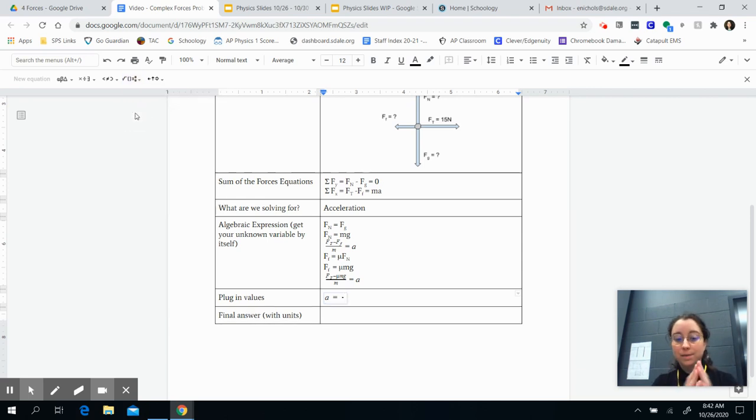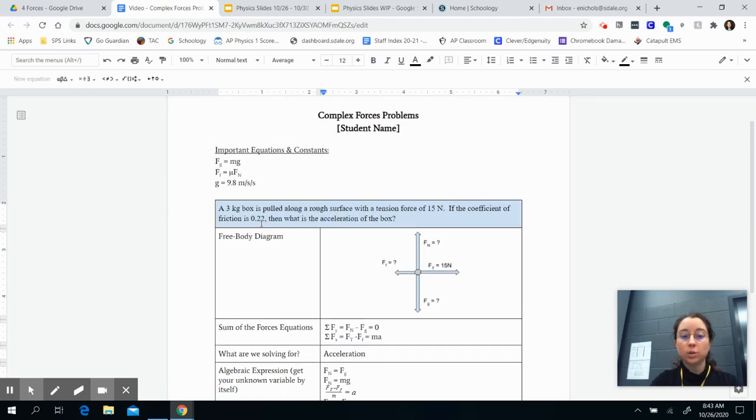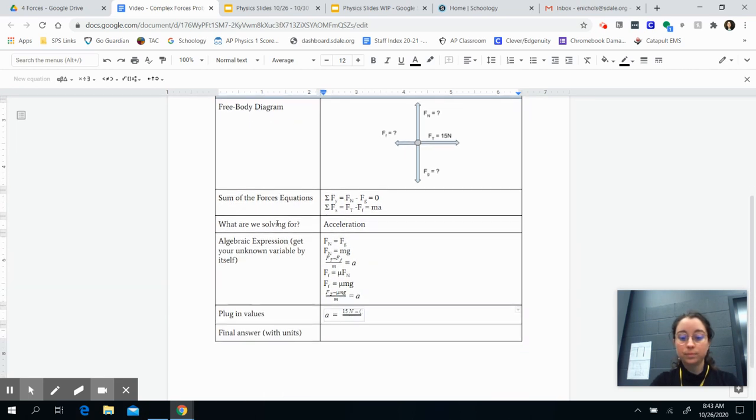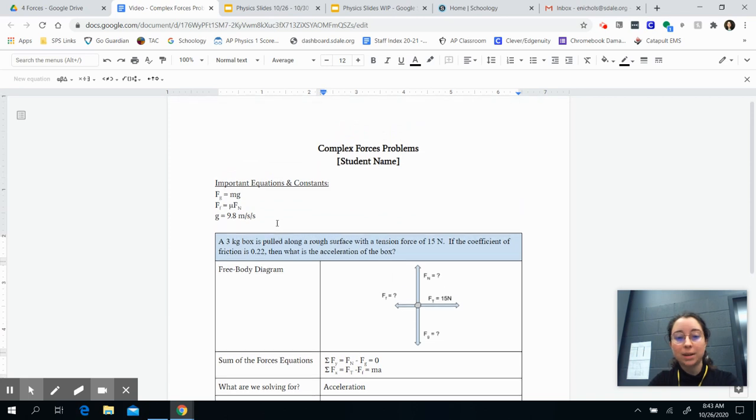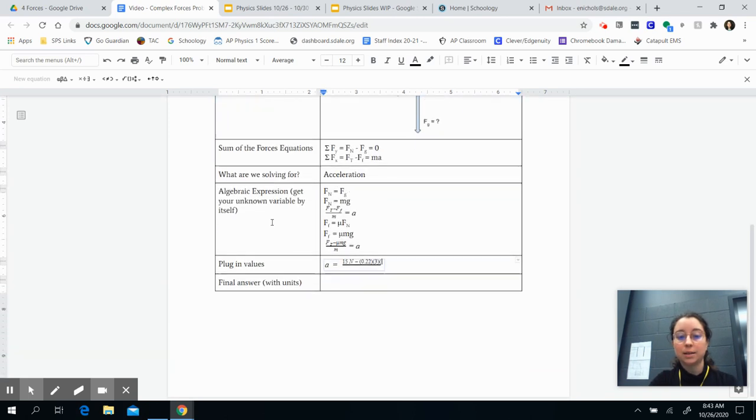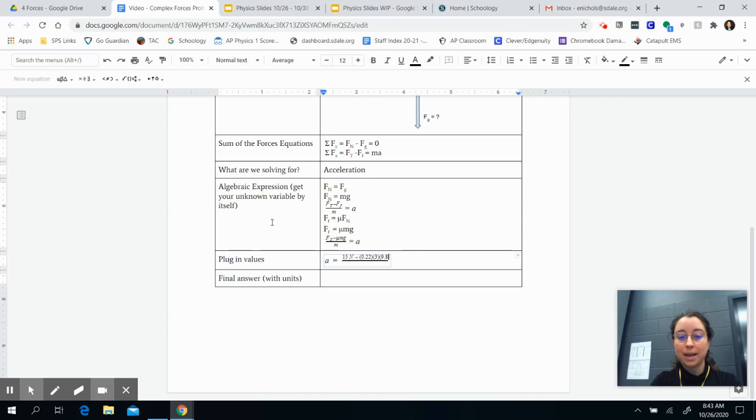I've got to plug in my FT value, that is 15 newtons, minus my mu value, which is 0.22, multiplied by my mass, which is 3, multiplied by gravity, which I'll give you up here, and that is 9.8 meters per second per second.